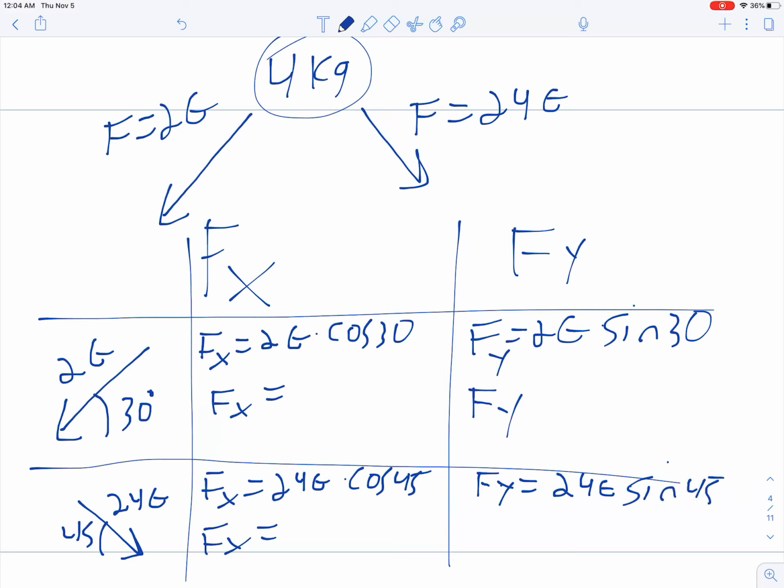So I'm doing the same process, but instead of using the scientific notation, I'm just carrying it through. So I'm going to do 2 times cosine of 30, and I'm going to get 1.73.